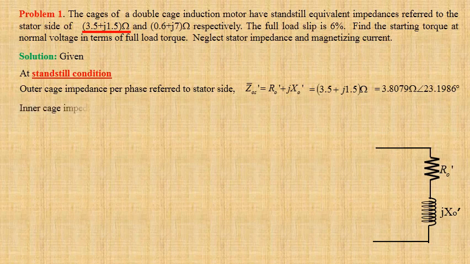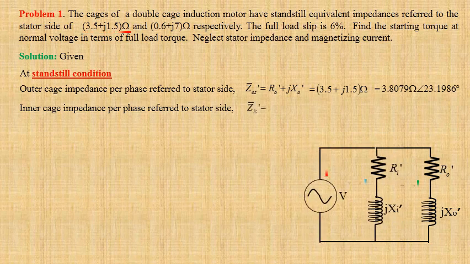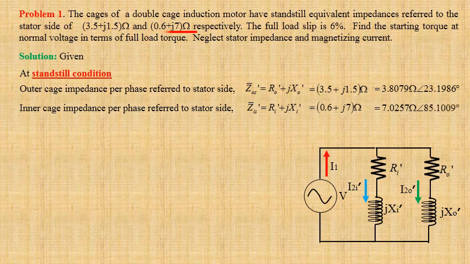Inner cage impedance per phase referred to stator side ZIS' equals RI' plus jXI', that is equal to 0.6 plus j7 ohm. This may be written in polar form as 7.0257 ohm at an angle 85.1009 degree. Let us first determine ZOS' plus ZIS', that is equal to 4.1 plus j8.5 ohm.